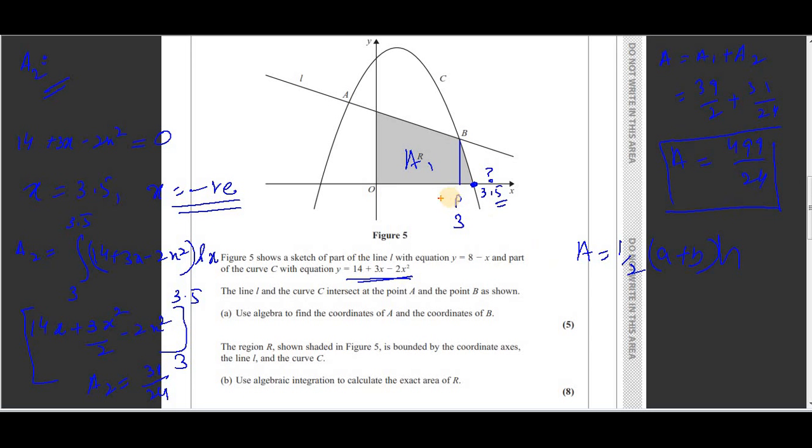So you can use A as the vertical height from B to P, and B from 0 to this. You need to figure out this height. These two are parallel sides and H is the distance between them, so in this case this 3 will be your H. You can save your time and you must get the same answer, 39 by 2.